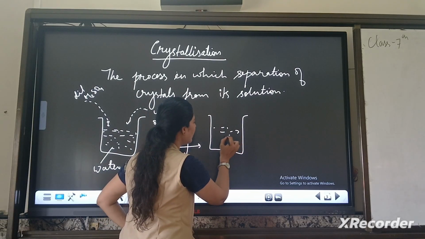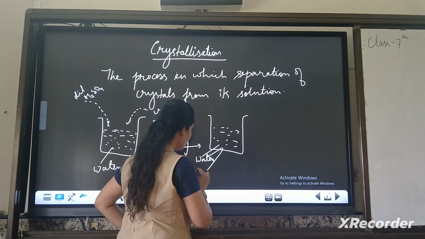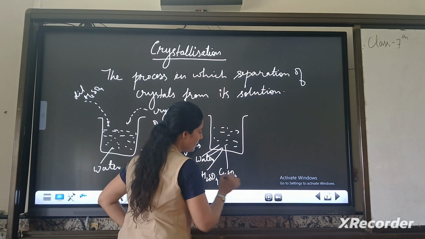Now this is a mixture which has water, dilute H2SO4 and copper sulfate.